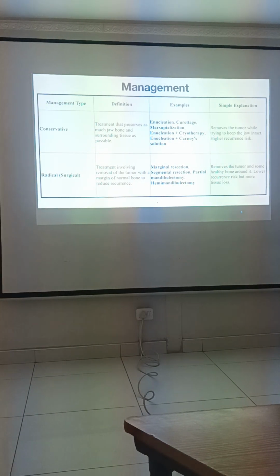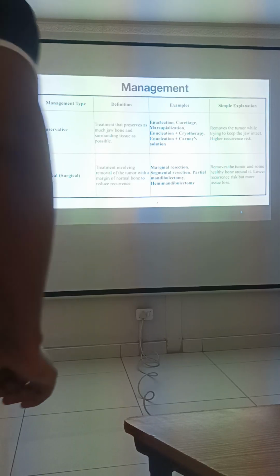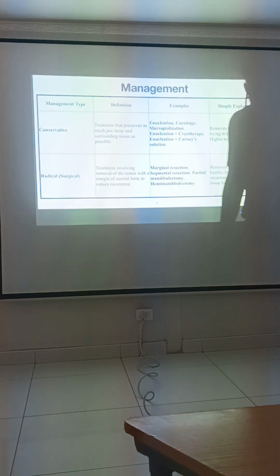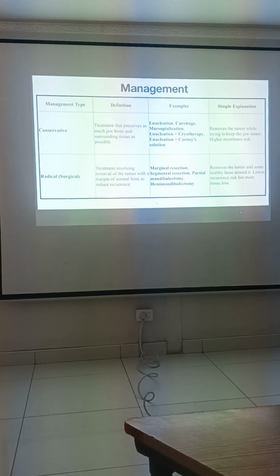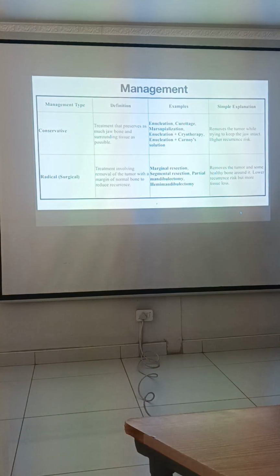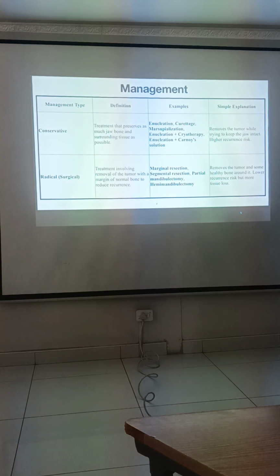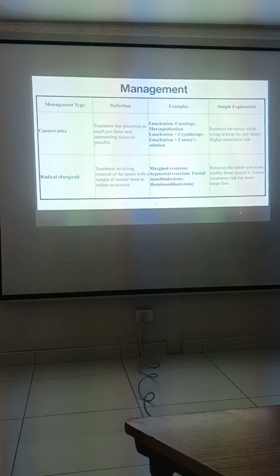Okay, I'm going to add something about the radical treatment. Some of the cases we cannot do anything because of the morbidities they have. But in other cases, like a young patient, if we have all the requirements, the hospital plate, screws, and some specialties, we can do a bone graft from the iliac crest, scapula, ribs, and fibula.